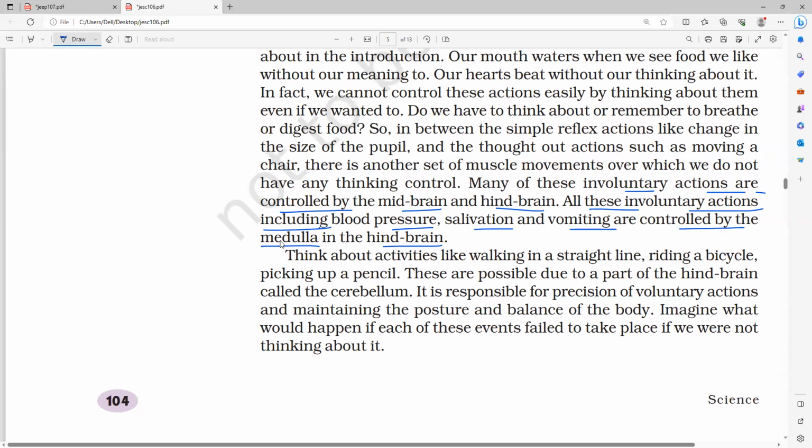What is that? That arc also I have given you clear path. See that? Like change in size of the pupil, and thought out actions such as moving a chair. There is another set of muscles, movement over which we do not have any thinking control. So these are all the things.